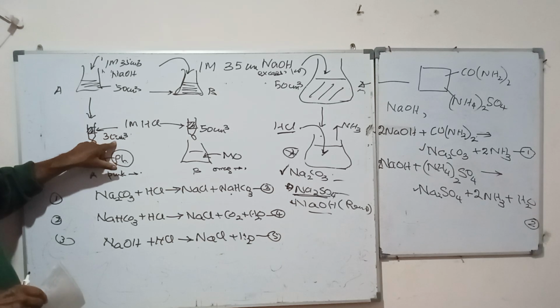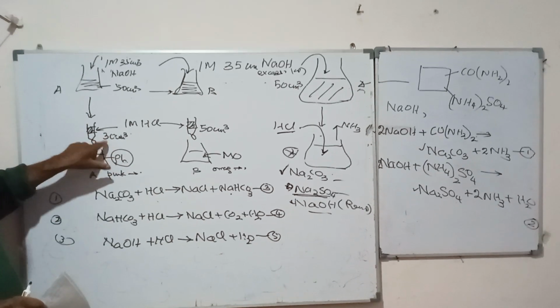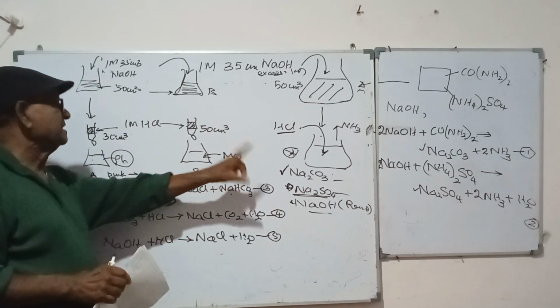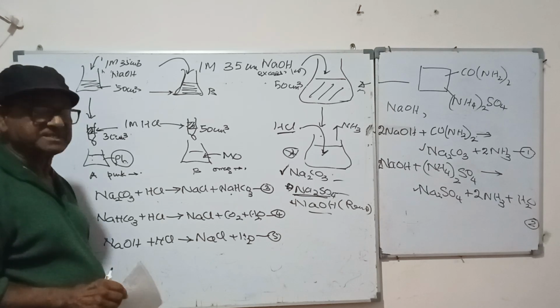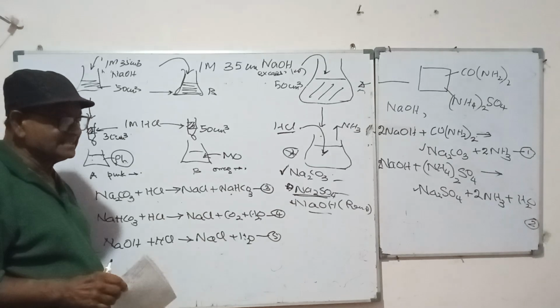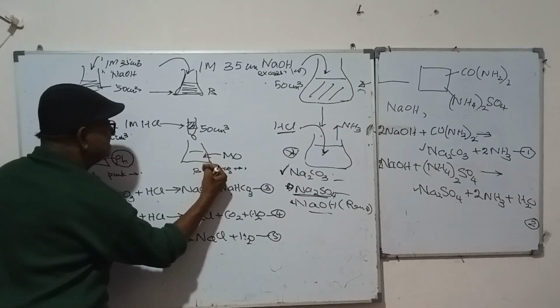The used HCl volume in this titration is 30 cubic centimeter. Here, 50 cubic centimeter of HCl was used. So it is clear that more reactions should occur in this titration.